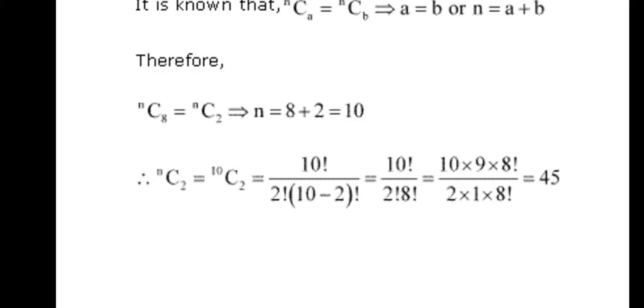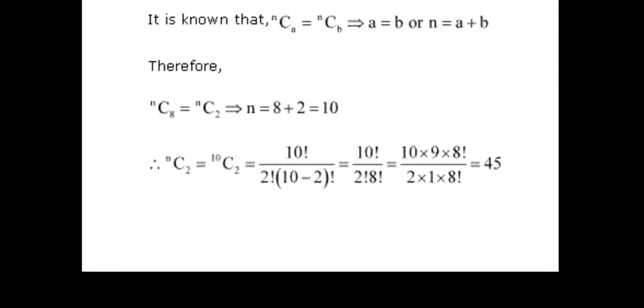So here n equals 10. Now after getting the value of n, which is 10, we can easily find nC2, which is 10C2, using the nCr formula. So it is factorial 10 by factorial 2 into factorial 10 minus 2, which is factorial 10 by factorial 2 into factorial 8. Factorial 10 we can write as 10 into 9 into factorial 8 divided by 2 into factorial 8, and after cancellations the answer will be 45.